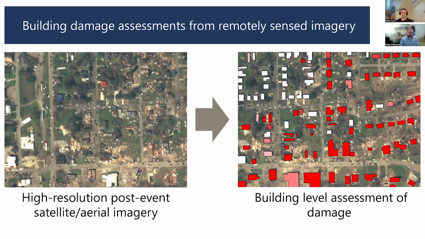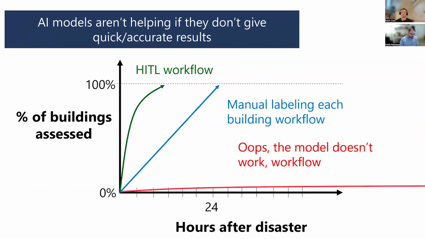And I really describe the purpose of making this a workflow using this chart. Here you have on the x-axis the number of hours after a disaster, and on the y-axis the number of buildings that have been assessed as damaged or not. The goal is, of course, to get to 100% of buildings assessed, and you want to do that as quickly as possible.